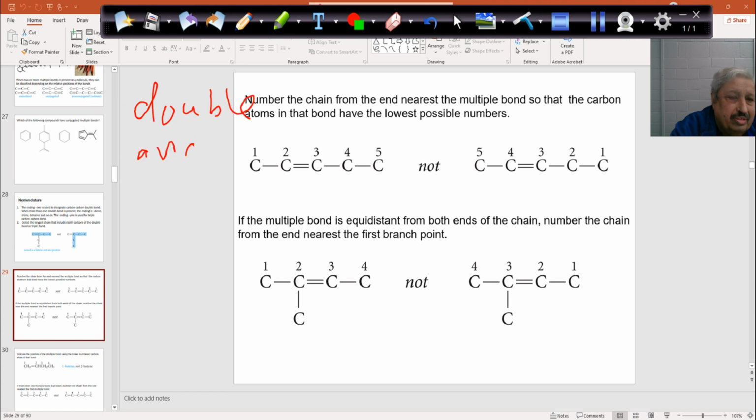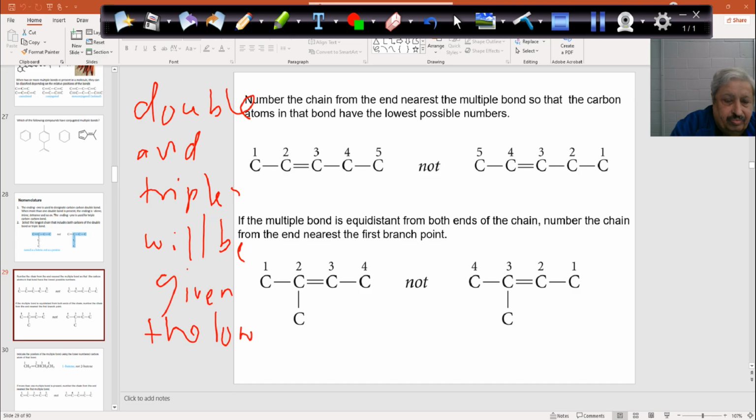always the double and triple bonds will be given the lowest numbering. Always remember, not only the double bond and the triple bond, even when it comes to attaching those branch groups or substituents, always we look at the alphabet, correct?